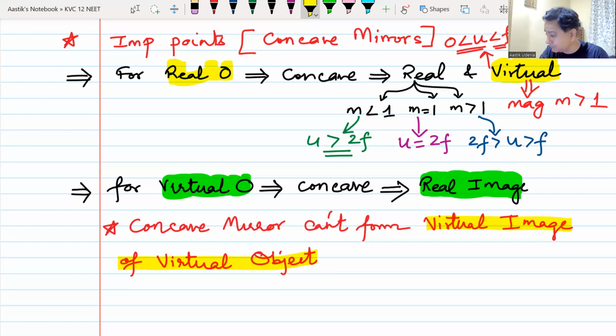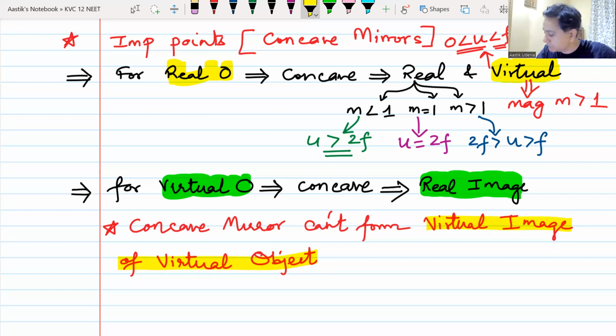We understand this? Shall I move on? Life has to go on. Yes or no?